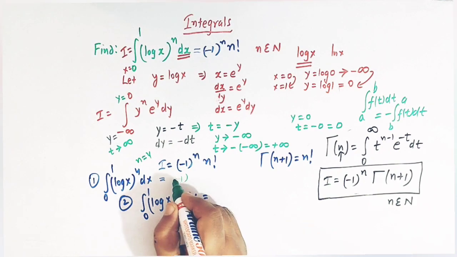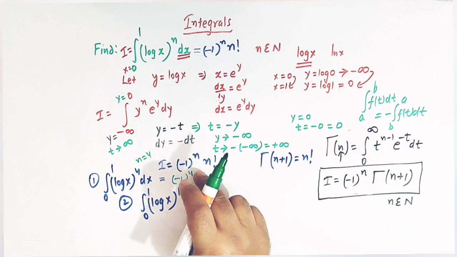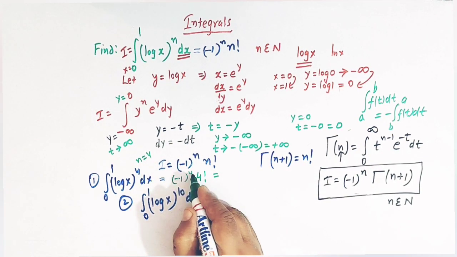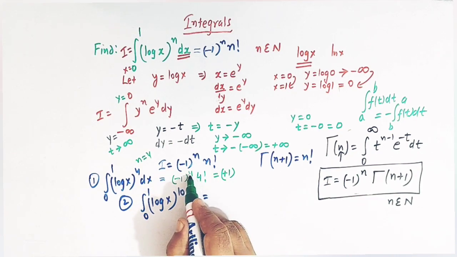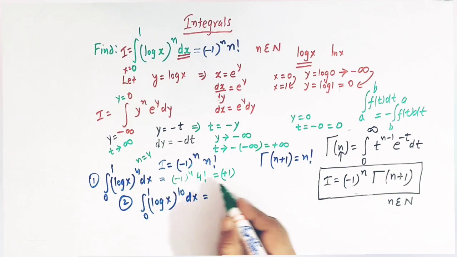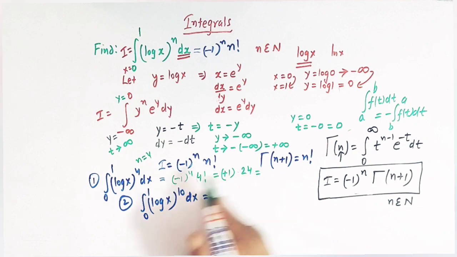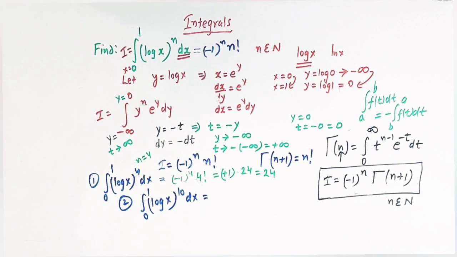So we have minus 1 raised to 4, and then we have here 4 factorial, right? So minus 1 raised to 4 is positive 1, because this is an even power, and 4 factorial is 24, right? So the value of this integral is equal to 24.